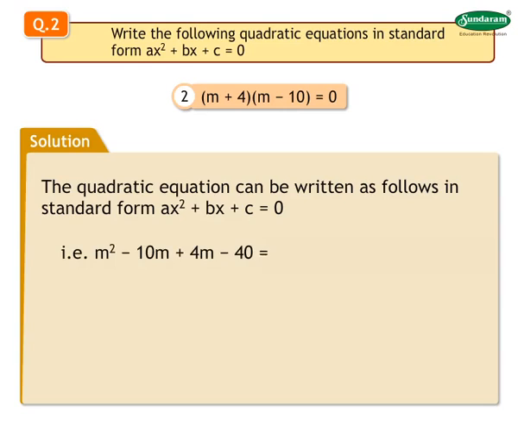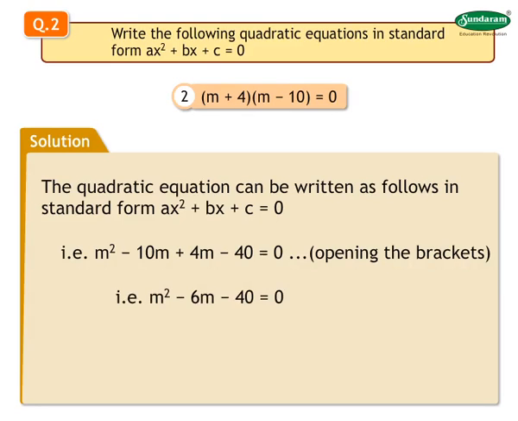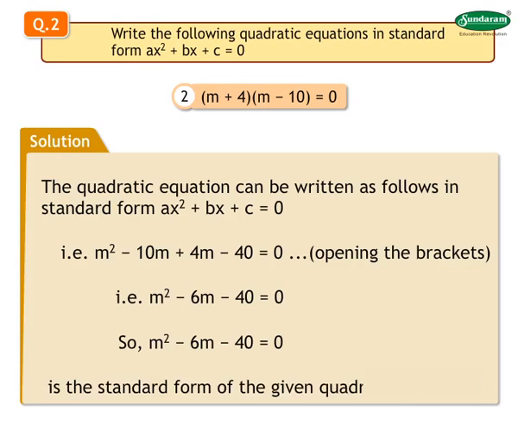That is, m square minus 10m plus 4m minus 40 is equal to 0 on opening the brackets. That is, m square minus 6m minus 40 is equal to 0. So, m square minus 6m minus 40 equals 0 is the standard form of the given quadratic equation.